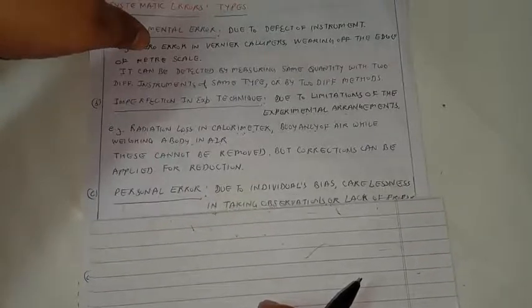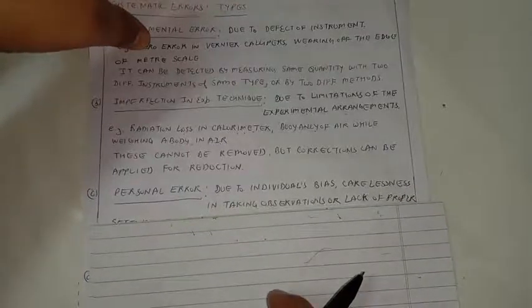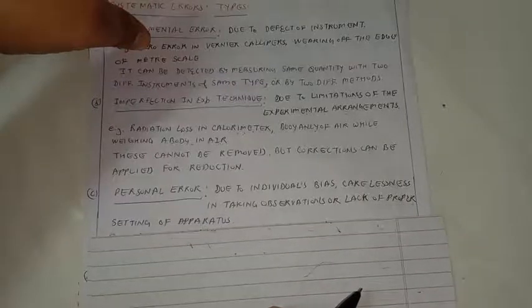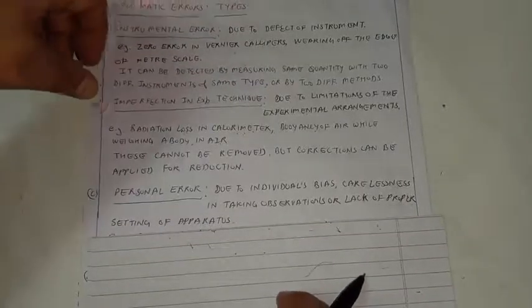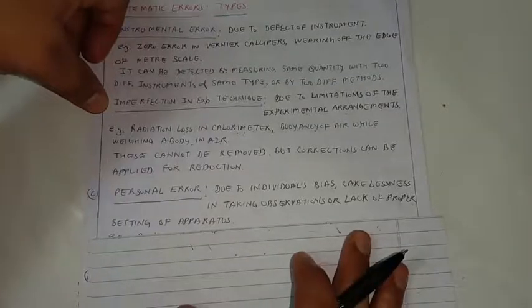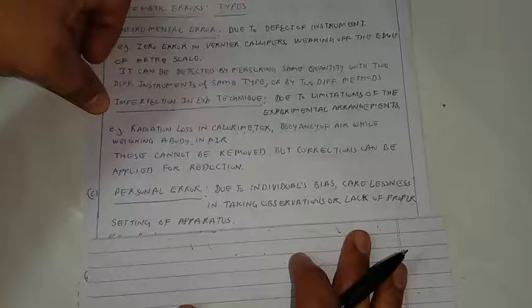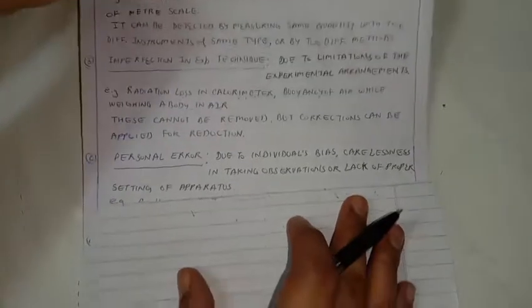Personal error. It arises due to an individual's bias, carelessness in taking the observation, or lack of proper setting of the apparatus. Personal error varies from person to person. It is due to the carelessness of a person, the biasing nature of the person, or the lack of proper understanding of the use of the apparatus or the rule with the help of which we have to make a particular measurement.